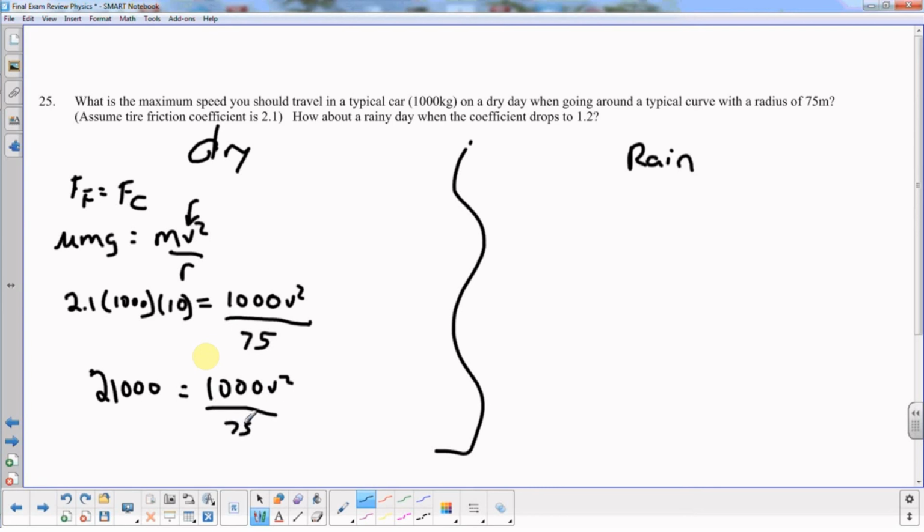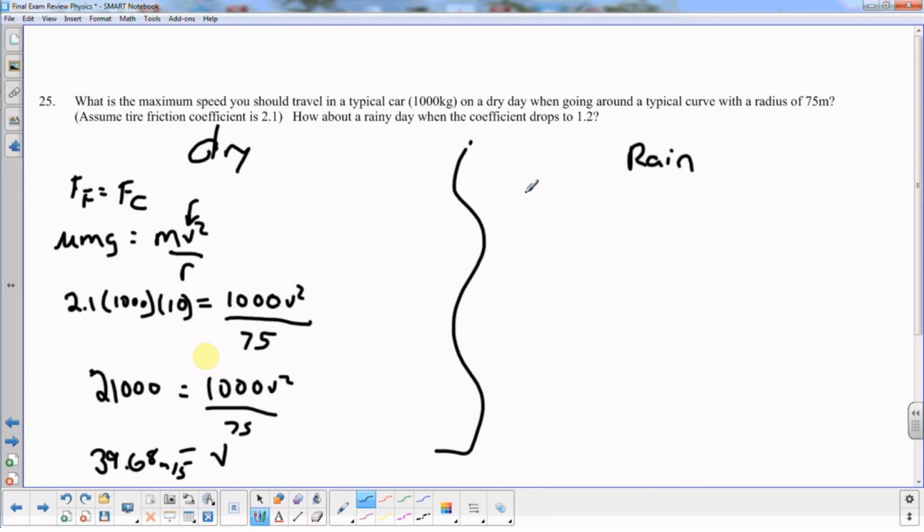So we're going to multiply 21,000 times 75, then divide it by 1,000. So multiply both sides by 75, then divide it by 1,000. So I've got v squared equals 1575. And because I'm at the bottom of the page, I'm just going to take the square root of 1575. So you should get a velocity of 39.68 meters per second.